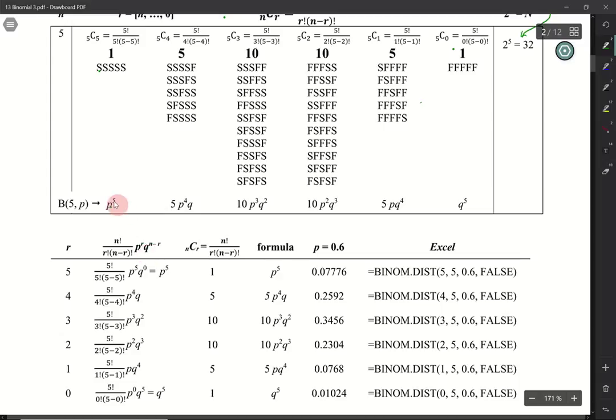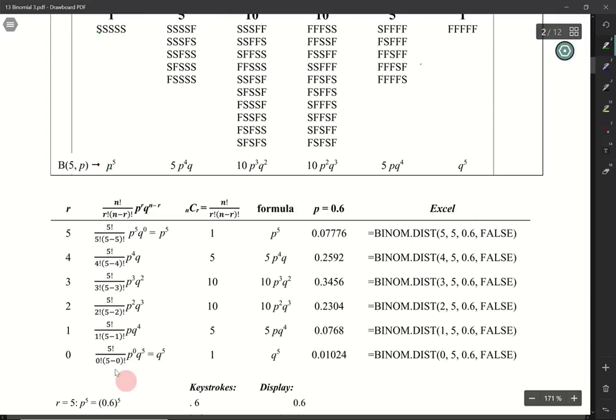So you see the power of the success is going down, right? So 5, 4, 3, 2, 1, and then 0, right? So you could imagine that there is a p there, but that the p is raised to the 0 power, and that in the multiplication sense it goes away, right?